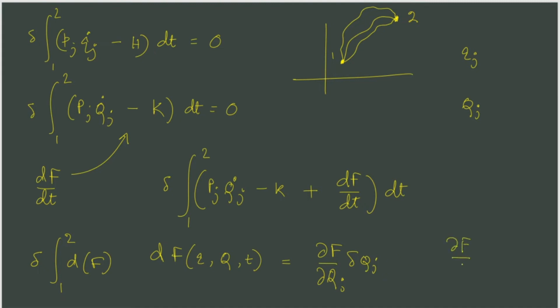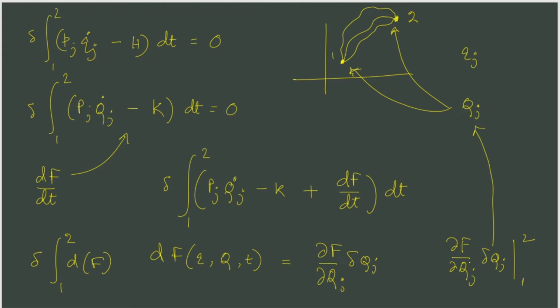So we are essentially considering this. After taking the delta inside, this is what we have. Now this quantity vanishes simply because we just mentioned that delta qj can't have any variation at the endpoints by demand. We demanded that at 1 and 2, so these vanish.